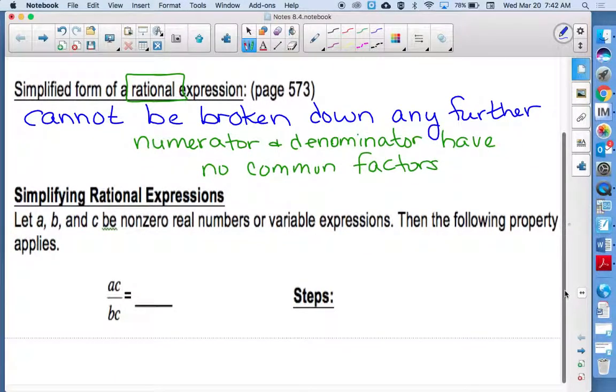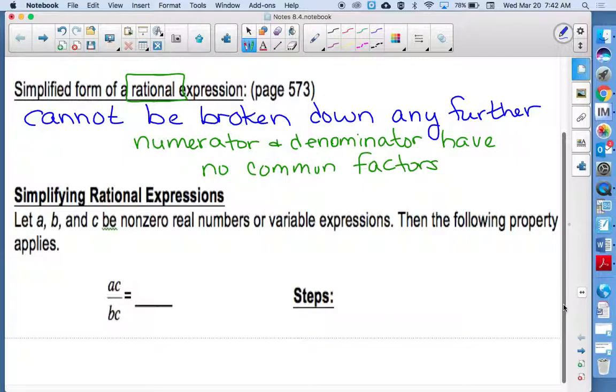It says, let A, B, and C be non-zero real numbers, so it can't be zero because then I don't have a fraction, or a variable expression. Then the following property applies.